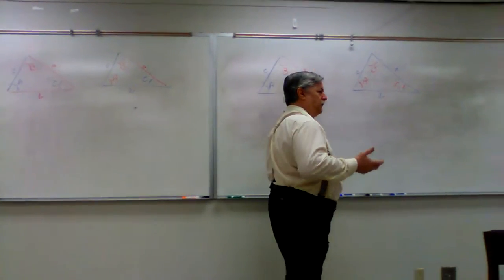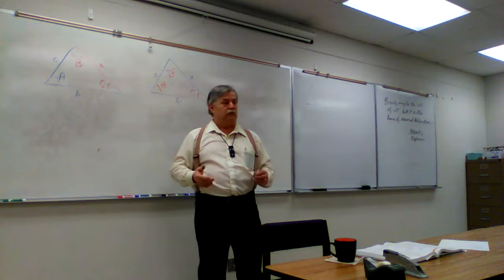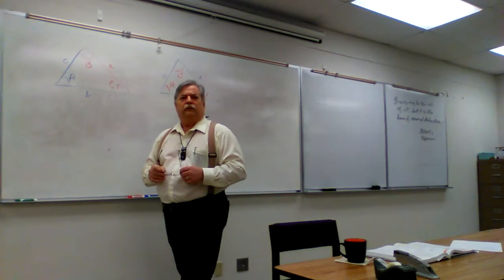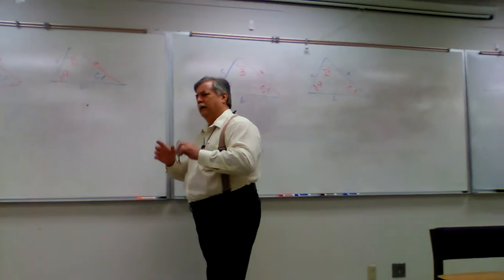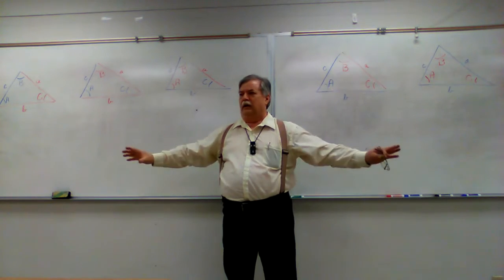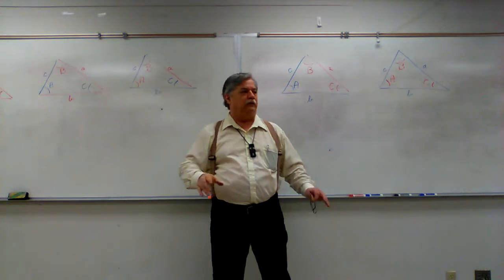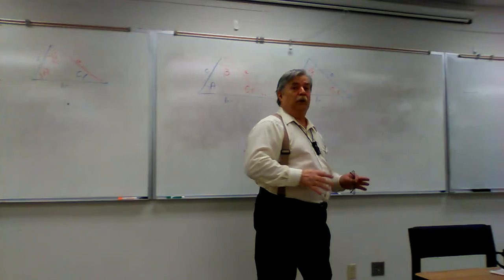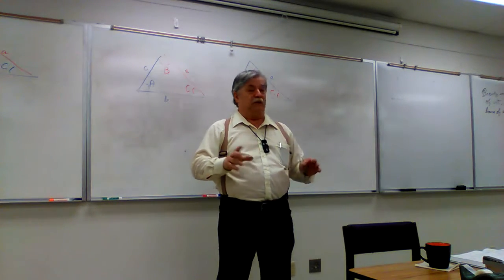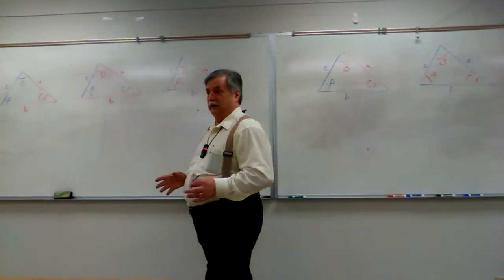Could you then solve for a triangle that would give you the three sides? No, you can't, because if all you have defined are the three angles, then you can make those three sides as big or as small as you want to make an infinite number of triangles. So if all you know are the three angles, then what you have defined is a family of congruent triangles.